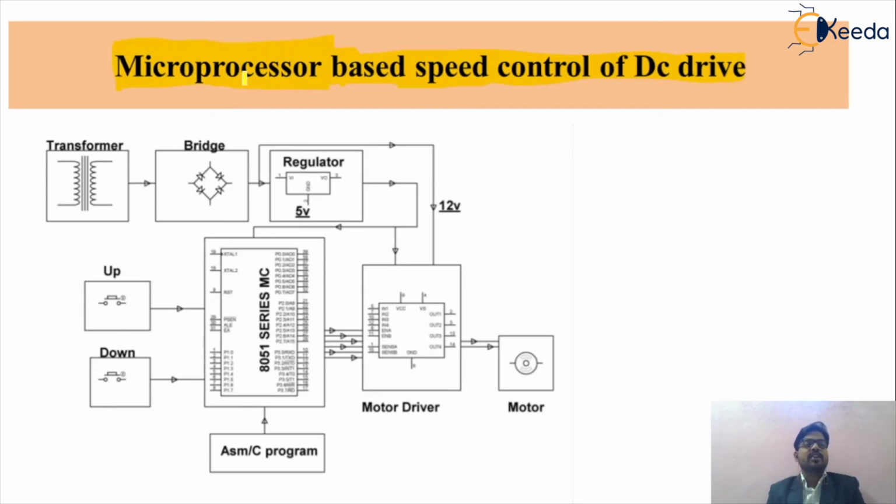The controller is called a microcontroller or the microprocessor. As shown in the figure, this is the 8051, the diagram of the microprocessor or microcontroller. And we want to control the speed of your motor. This will be your motor, that will be the DC motor. Now we want to control the speed of this motor by means of your microprocessor.